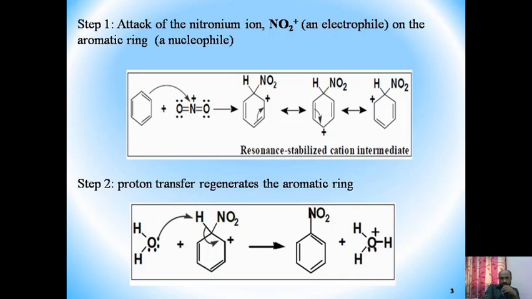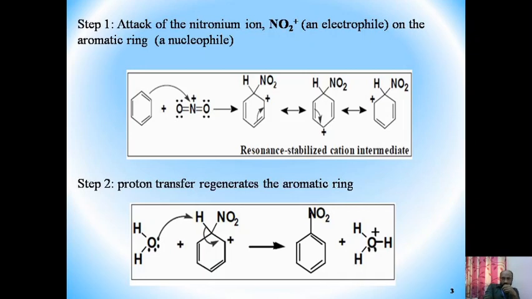By this resonance, the carbocation becomes a stable carbocation. If a carbocation does not give any resonance structure, the compound is unstable. Here, when the nitronium ion attaches to the benzene ring, it gives 3 types of carbocation, and by resonance it becomes a stable intermediate.